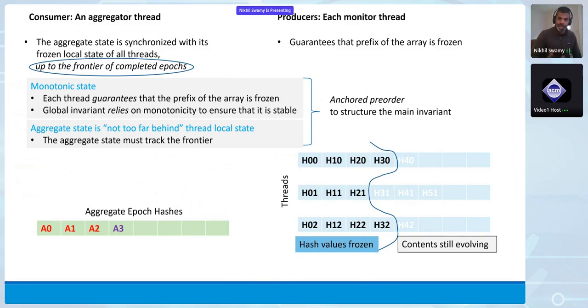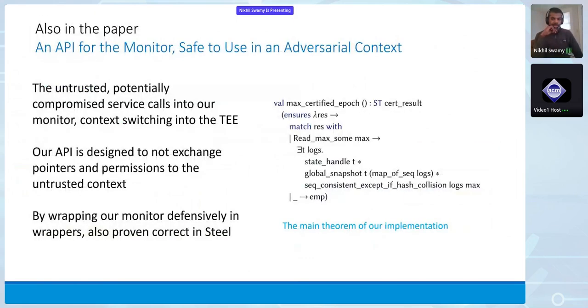There's lots of details about how we actually build this anchored pre-order construction. Also in the paper is a way in which we build a safe API for this monitor so that we can use it safely from a trusted execution environment, allowing an untrusted client to call into this monitor without disturbing the invariants of the TEE.